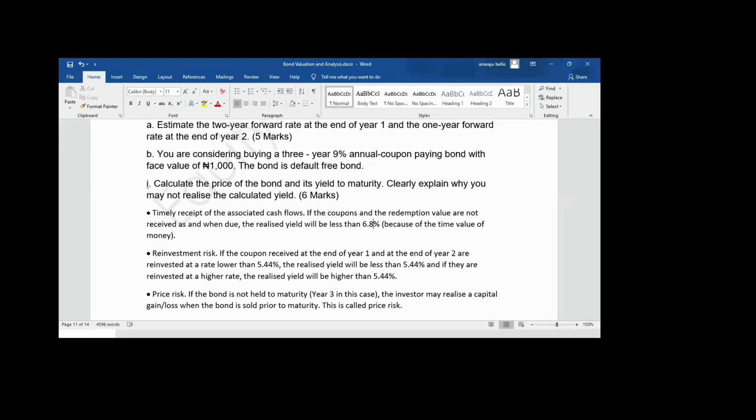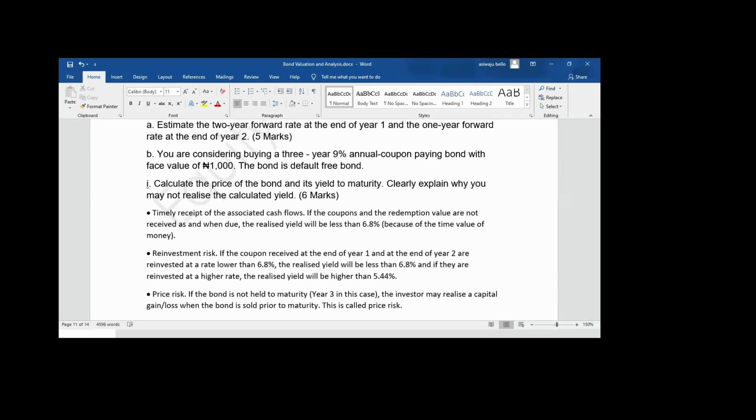Point number 2, reinvestment risk. If the coupons received at the end of year 1 and at the end of year 2 are reinvested at a rate lower than 6.8%, the realized yield will be less than 6.8.